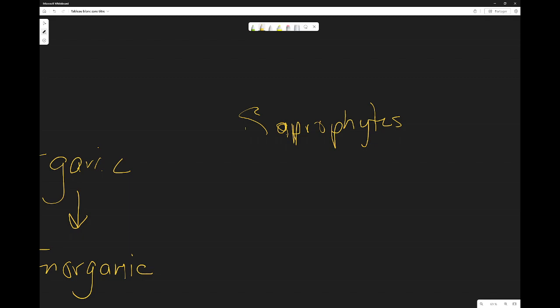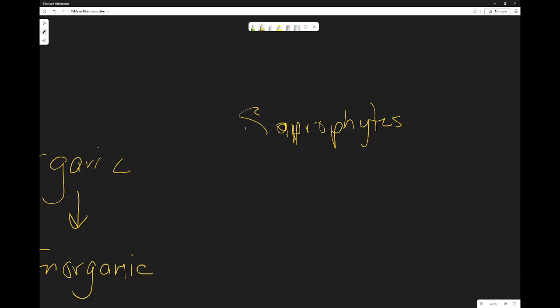Saprophytic relationships usually consist of a plant, a fungus, or other microorganisms that live on dead or decaying matter. Those are saprophytes. Decomposers and saprophytes have that type of relationship, so saprophytes are types of decomposers as well.